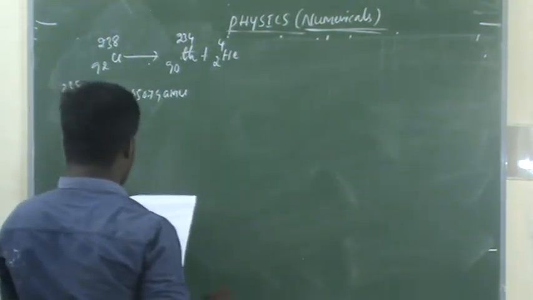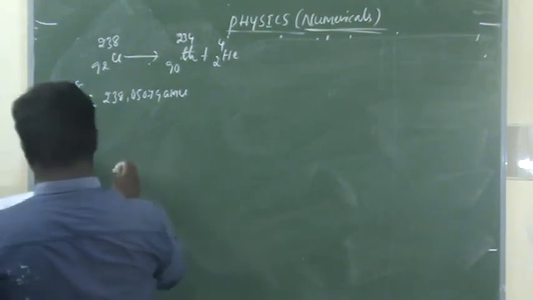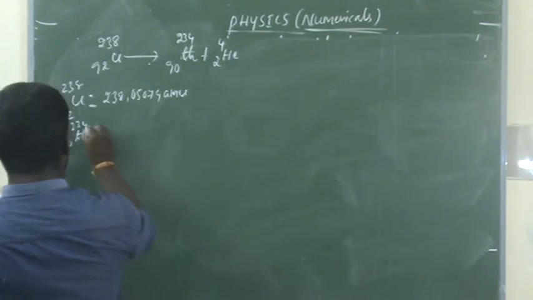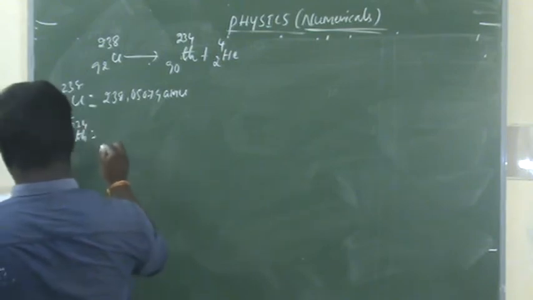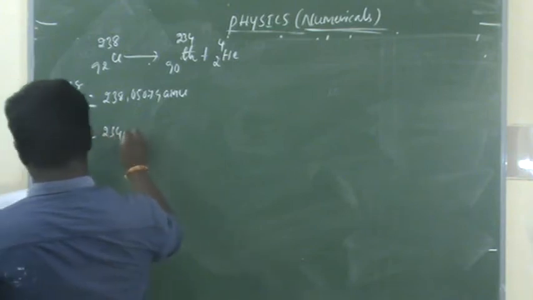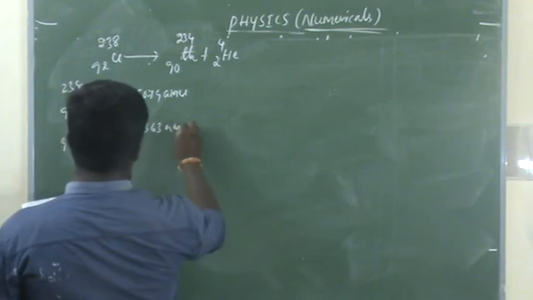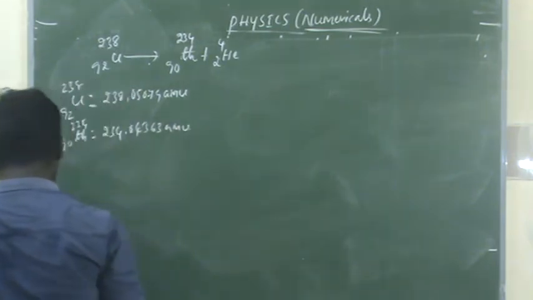Same way, atomic mass of thorium 90 thorium 234 is equals to 234.04363 atomic mass unit.